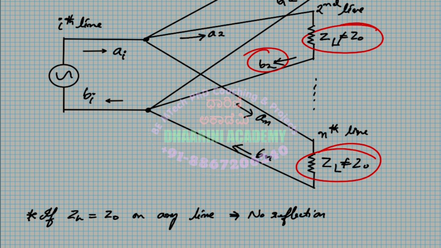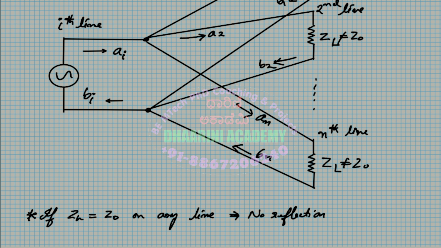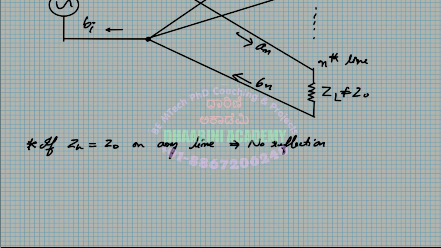So one line gives an input, only one line reflects, and other lines are not reflecting. This is one possible case. Maybe I can try to write that as well, but we'll come to that at a later stage. This is the first point.